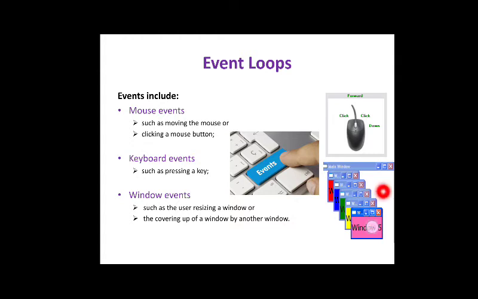This is the resizing of a window. We have different buttons over here: this is minimization, this is maximization and this is nothing but closing. So, these tasks we can perform with the windows. Then we cover up one window with another window, this window is covered with another window. These are different things we do with the windows also. All these things are called events over here.